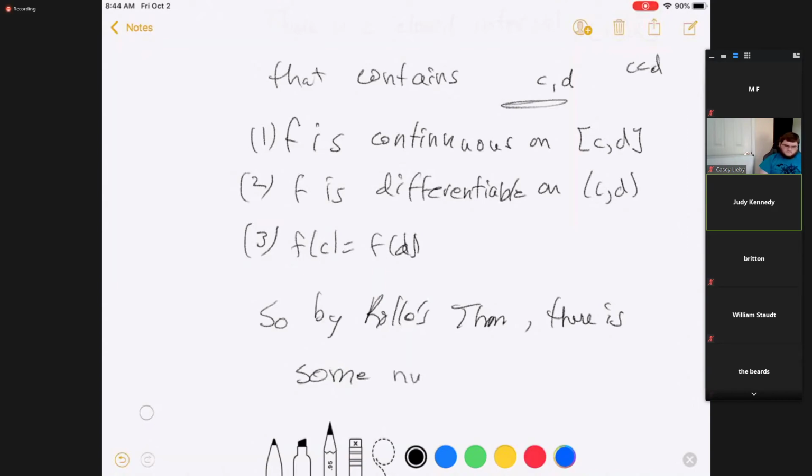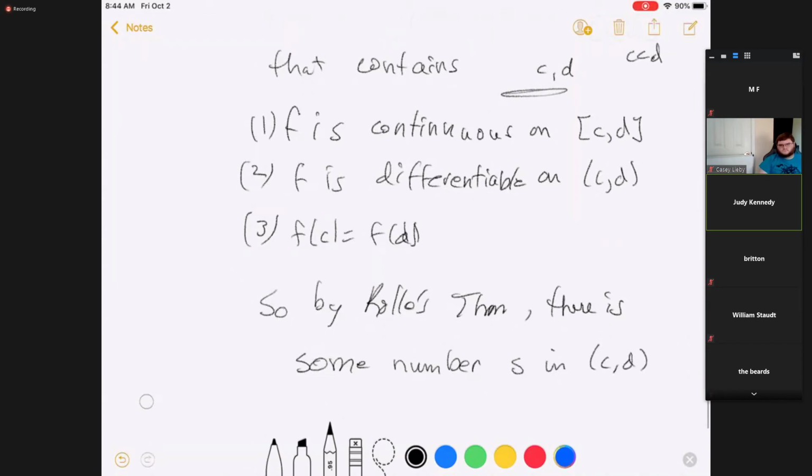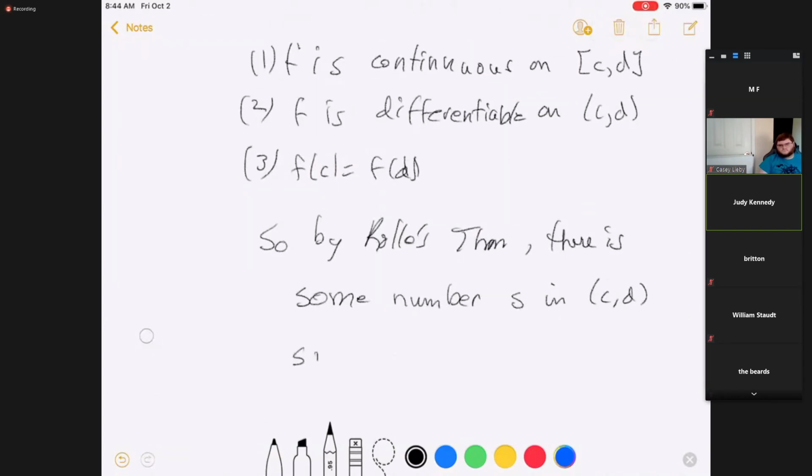Some number S in CD such that f prime of S is equal to 0.